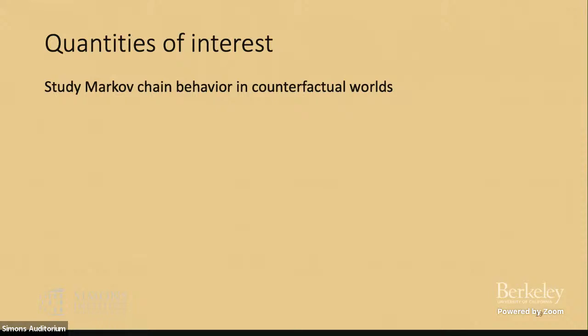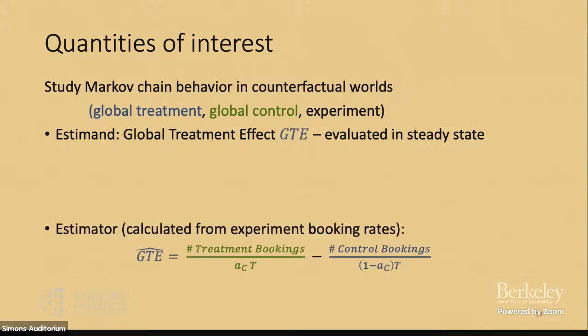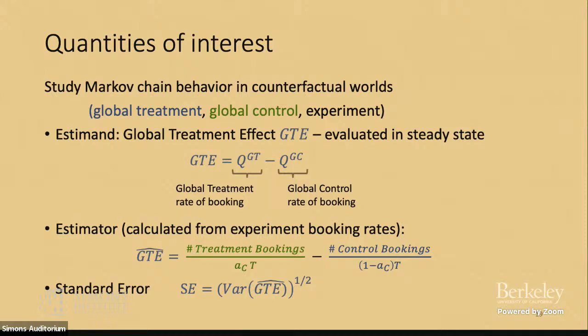Okay, so then once we have this Markov chain model, we're going to study how the system behaves in these three counterfactual worlds. In this world where everyone has this new set of utilities, global treatment, or global control, or the experiment world. And our estimand, what we want to estimate is this global treatment effect right here.